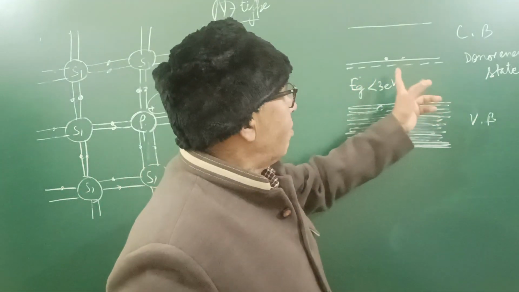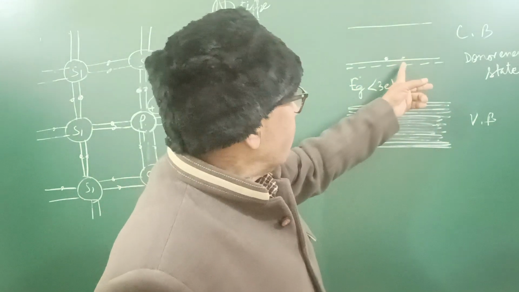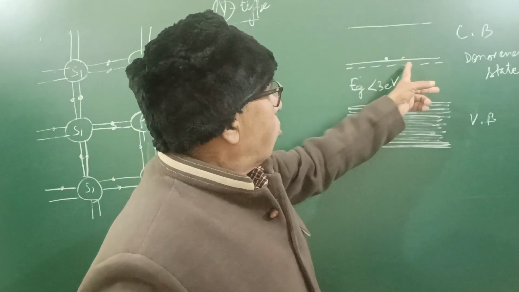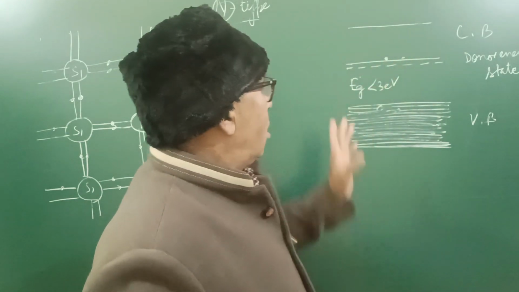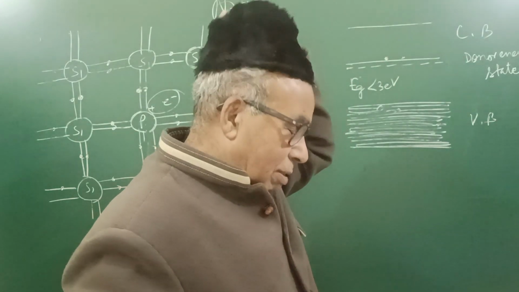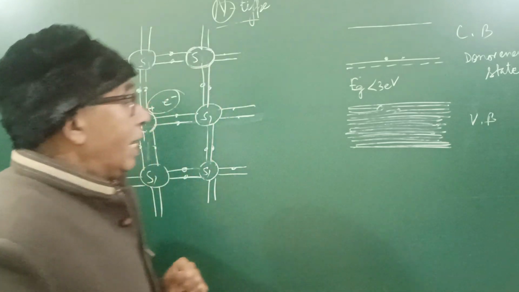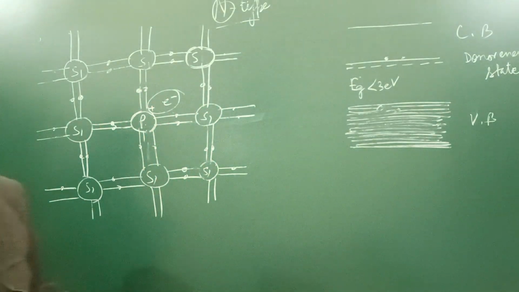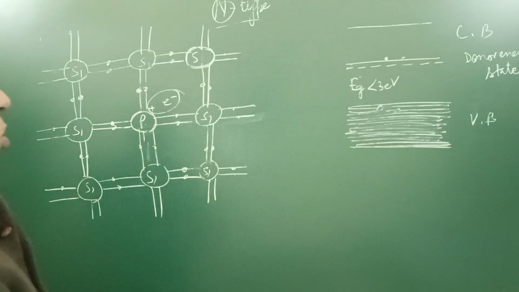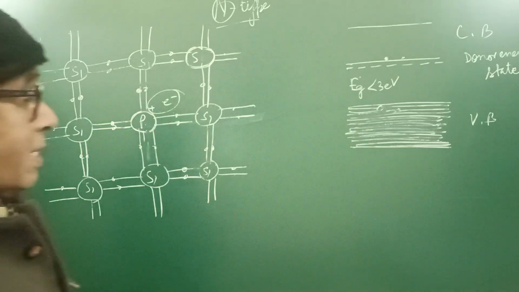When we apply electric field, electron can gain the energy which it requires to go from this to this, to go to conduction band, and hence N-type semiconductors show conductivity because of electric field alone. There is no thermal agitation required. I hope you have got my point.